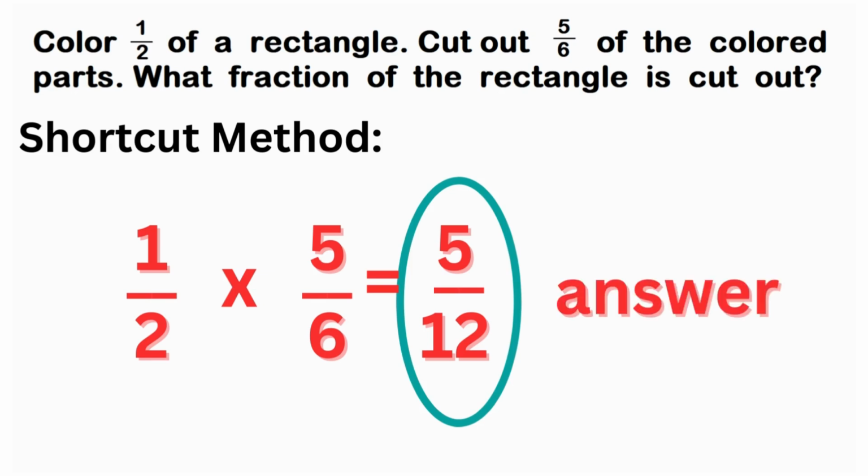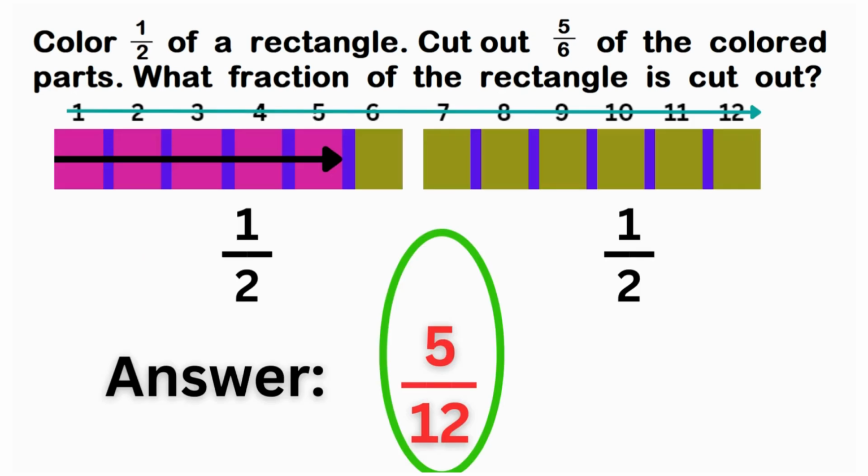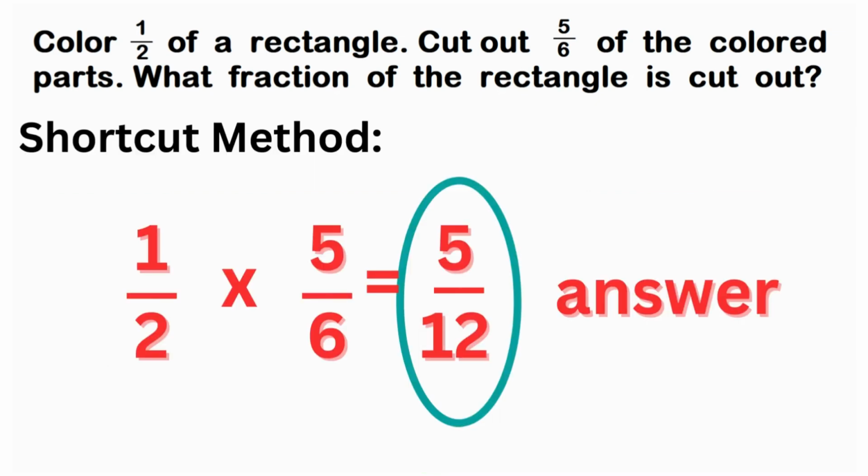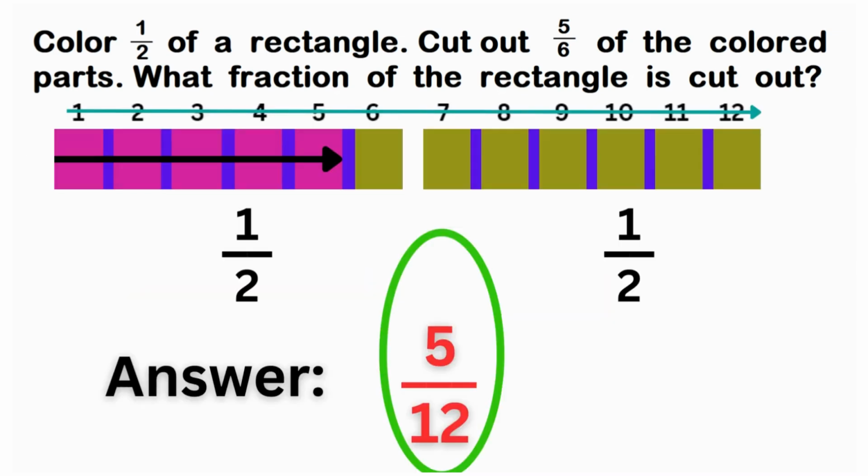See? It is exactly the same as the bar model or block model method, 5/12. So which is easier, this shortcut method or this block model method?